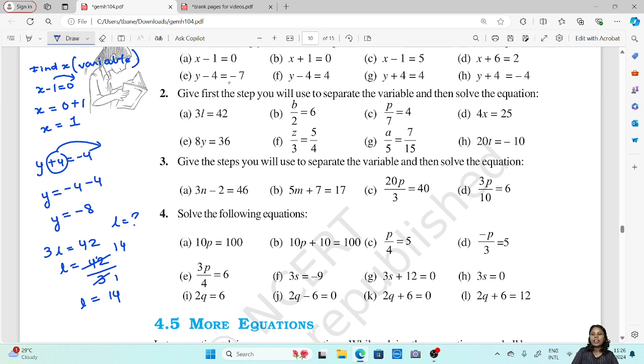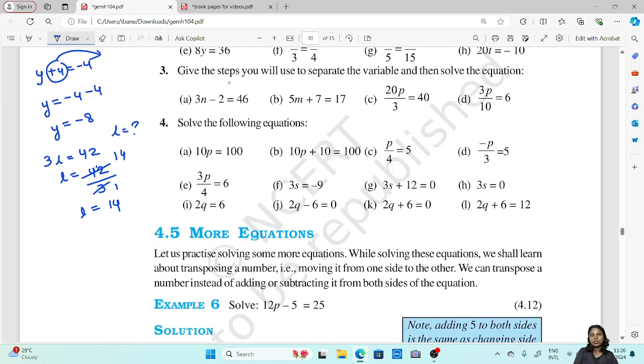Now say here I have 20p upon 3 equals 40. So in this case what can I do? The first thing we can do is, this is a division form. So if we transpose it here, it will become multiplication. So 20p equals 40 into 3.